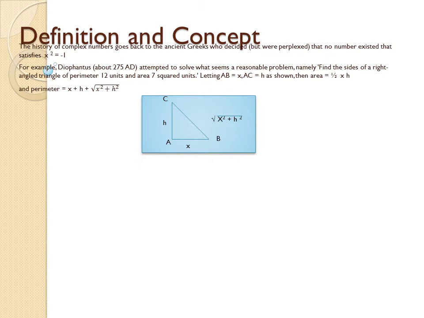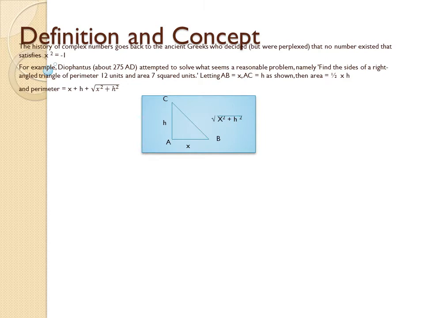The area of the right angle triangle is half of base into perpendicular, so half of x into h, and the perimeter is AB plus AC plus BC, so x plus h plus BC. BC means root over of x square plus h square, that is because of Pythagoras theorem.